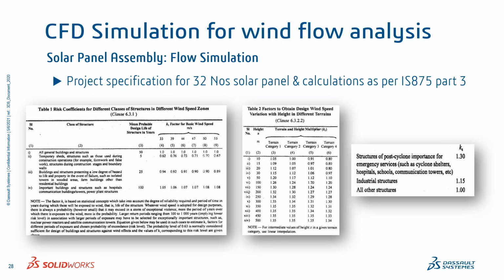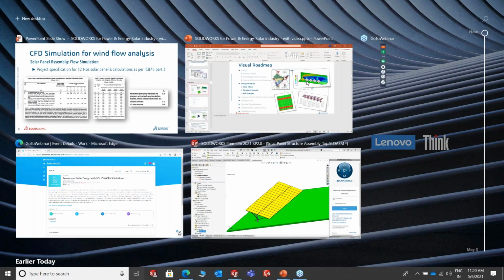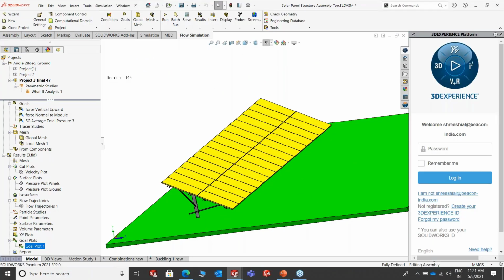So many things they will take into account, and then they will do the hand calculation. That is a little bit time consuming, especially where the structure's complexity increases. This is where SolidWorks Flow Simulation, or virtual testing capabilities, come in very handy in terms of getting the result at a very fast rate and at a very early stage of new product development.